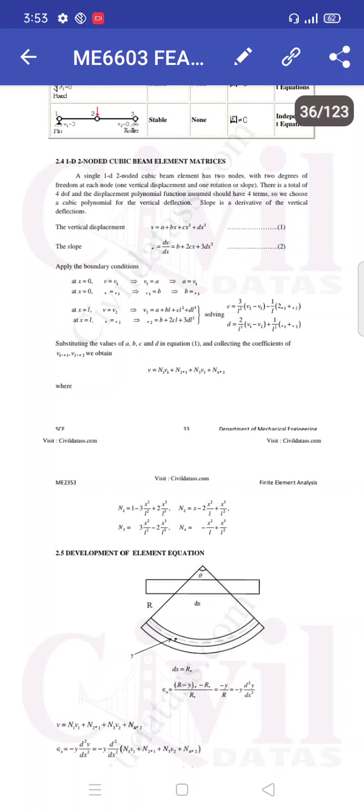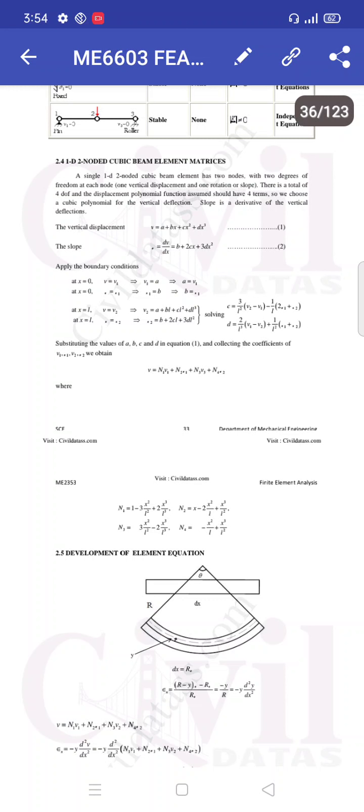At x is equal to 0, v is equal to v1, so a is equal to v1. At x is equal to L, v is equal to v2, so v2 is equal to a plus bL plus cL square plus dL cube. At x is equal to L, the slope is equal to b plus 2cL plus 3dL square.